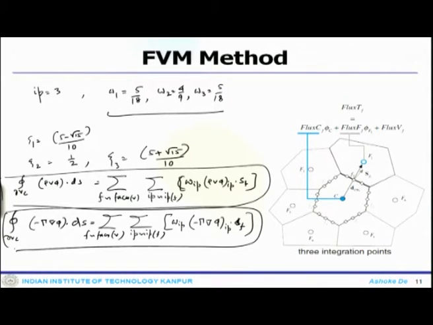Okay. And the source term you can always calculate by doing the integration, like the source term you can always get, Q dV equals the summation of IP over V, QIP WIP V. So, that is the way you get the source term integrated.